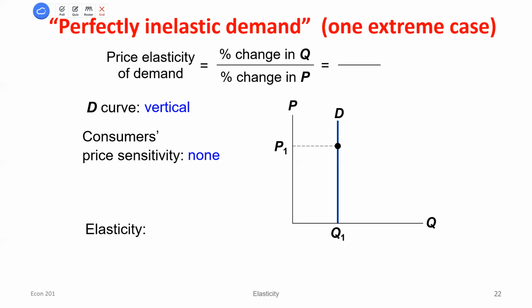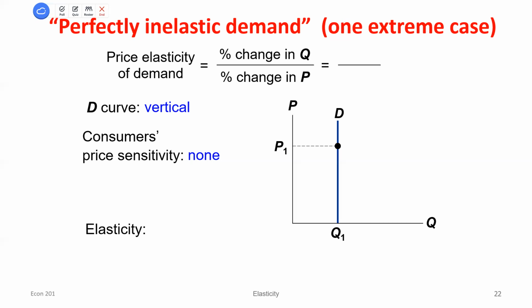So if I think about elasticity of demand being the percentage change in quantity demanded over the percentage change in price, I don't even have to do the math, because if I don't change the number of units I buy, my percentage change in quantity demanded is 0. And 0 over anything will be 0. So a perfectly inelastic demand curve would have a price elasticity of 0.